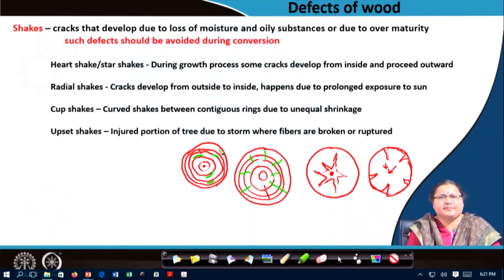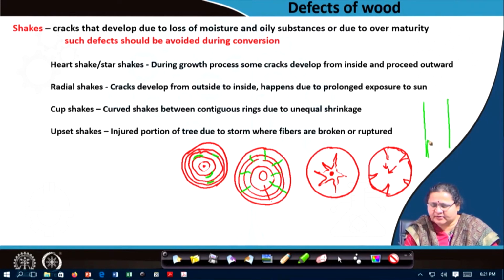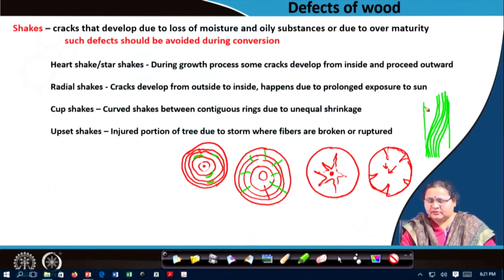Now, certain shakes happen due to injury. Say you cut down a branch of a tree. In that portion of that branch, the fibers will try to bend and move out, to grow. Gradually, the portion from where some cutting had been done, all the fibers have twisted.